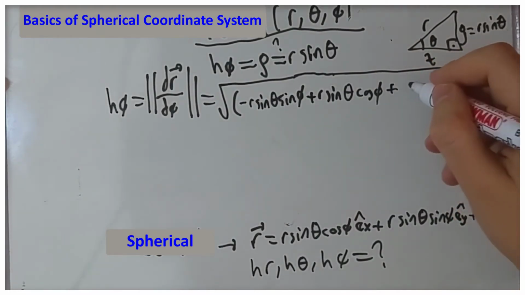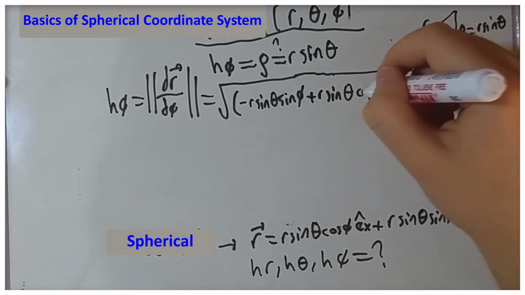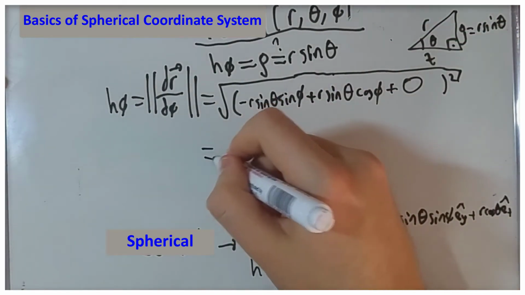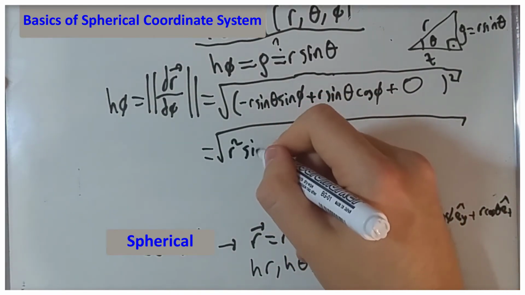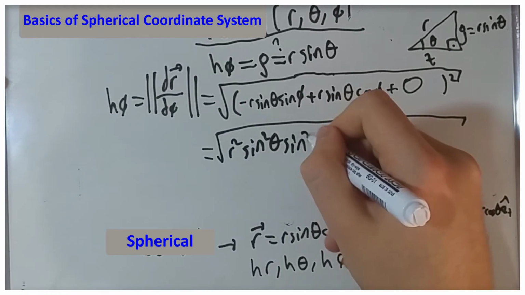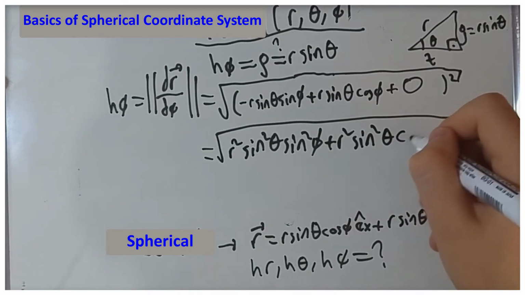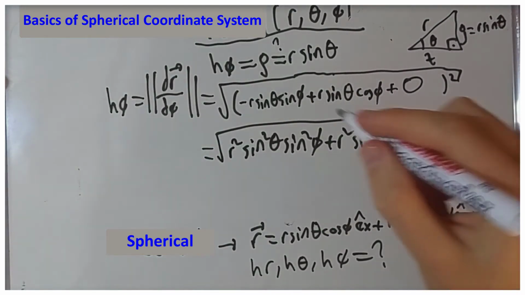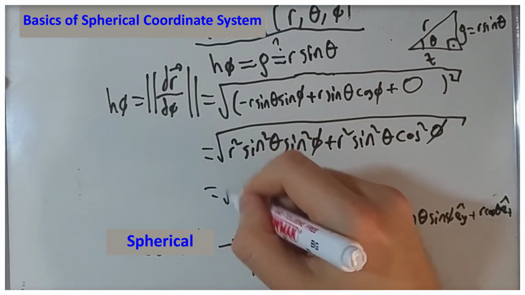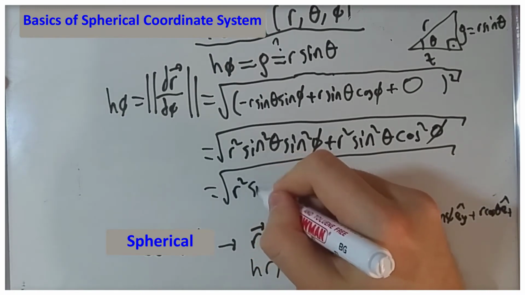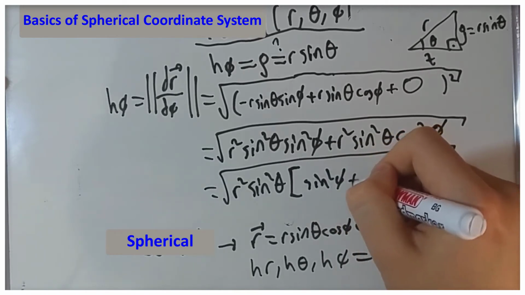Now friends, if I take the square of this and multiply it by itself, what I found is r squared sin squared theta sin squared phi plus r squared sin squared theta cos squared phi. Since r squared and sin squared theta are common here, if I put r squared sin squared theta in the bracket, I get sin squared phi plus cos squared phi.